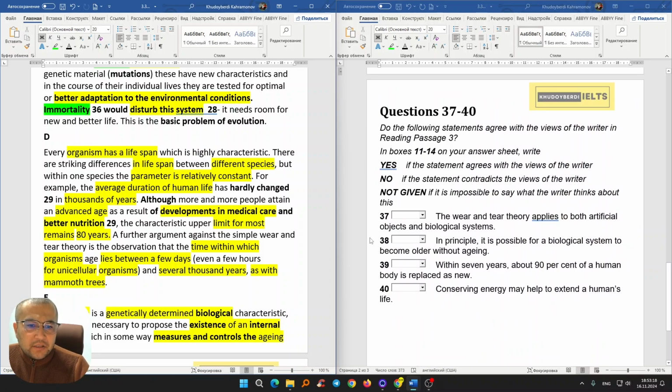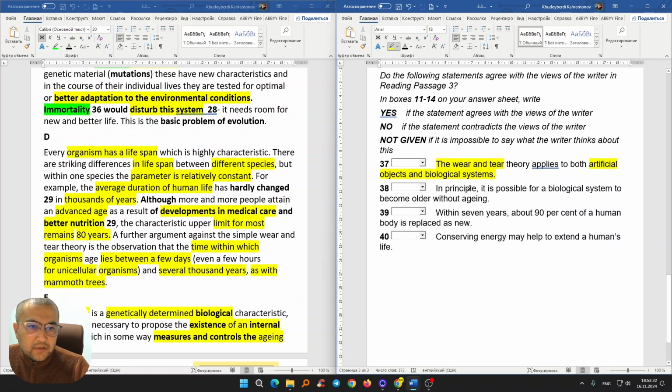It's talking about yes, no, not given. The wear and tear theory applies to both artificial objects and biological systems. In principle, it's possible for a biological system to become older without aging. Within 7 years, about 90% of human bodies are replaced as new.